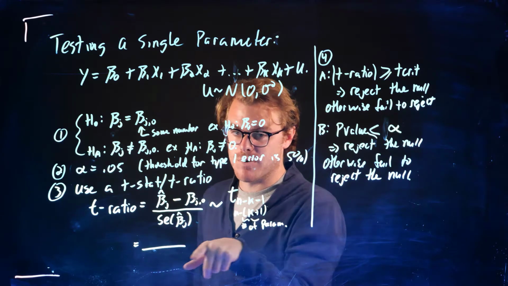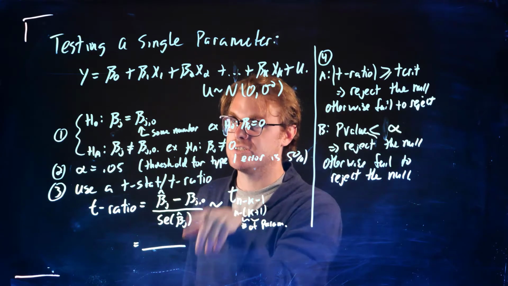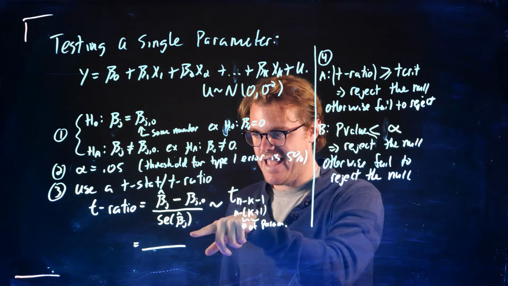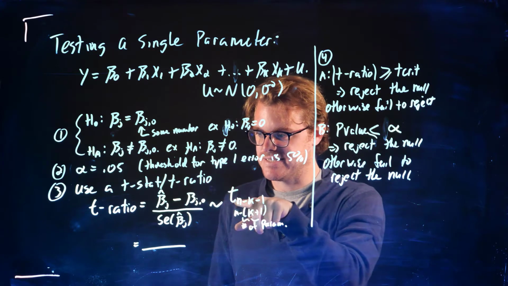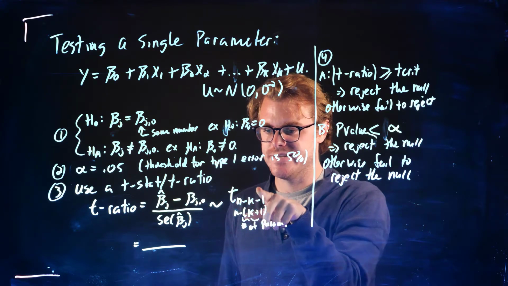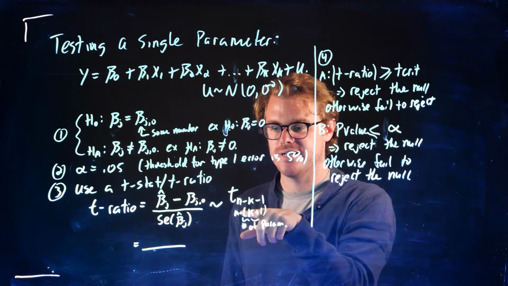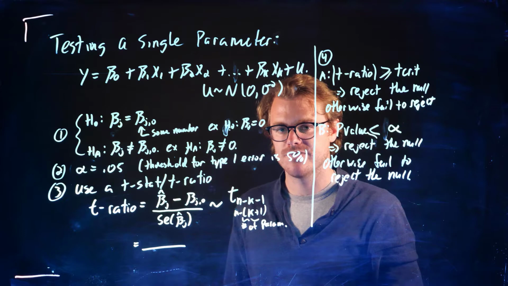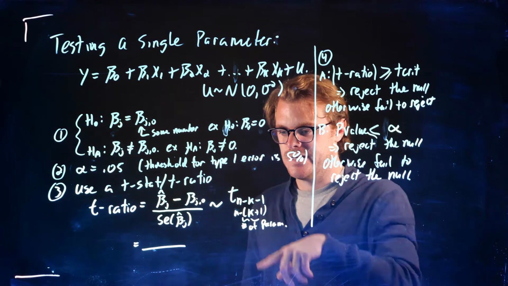We're going to get some number here when we actually run a regression. We'll do an example in a second. This t ratio has a student's t distribution with n minus k minus 1 degrees of freedom.